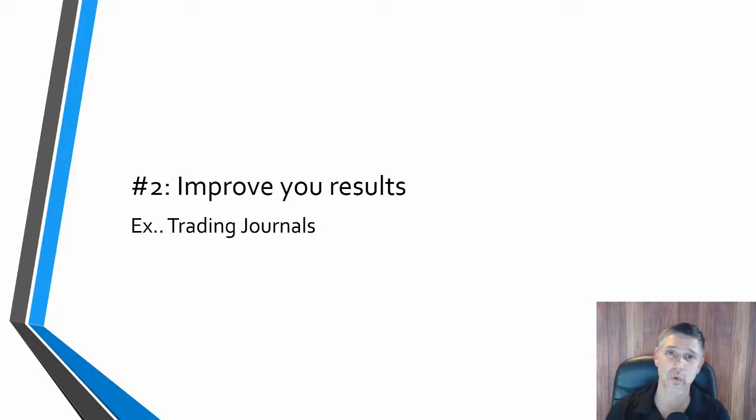Now you guys know that I use a dynamic trading journal. You just put the information in there and it spits out your probabilities, your win-loss ratio, expectancy, all that stuff. But you need to have a trading journal because you've got to improve. You have no chance of growing your small account if you can't consistently improve.